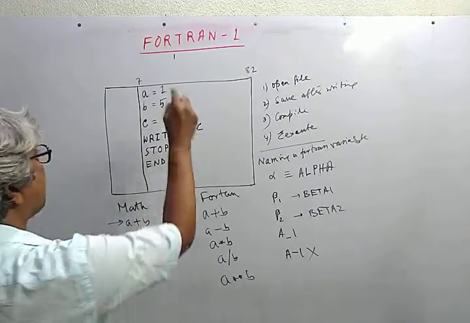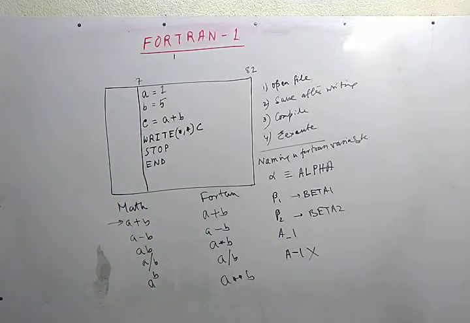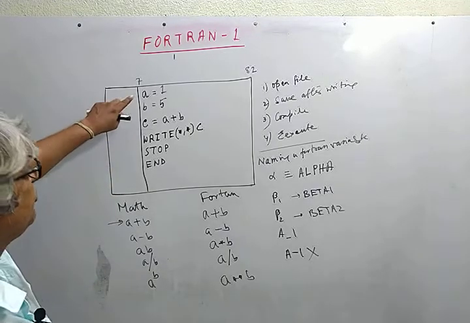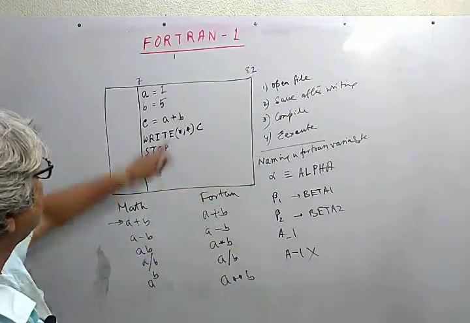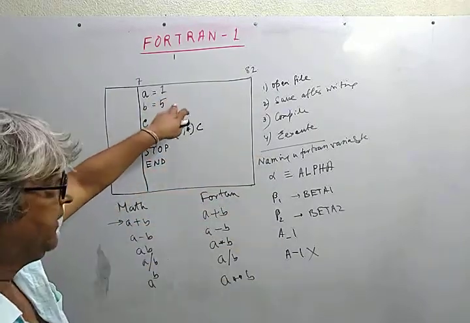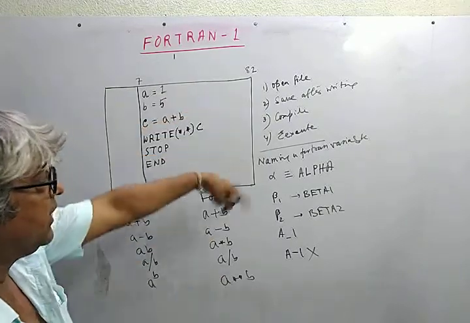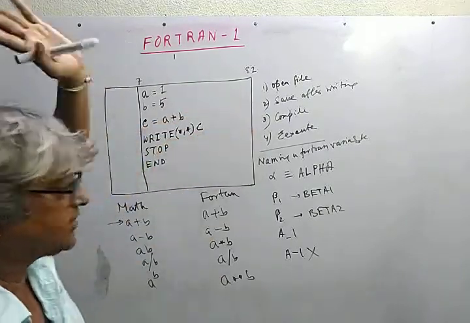Now come to this problem again. If one wants to write a Fortran program which will calculate the sum of 6 and 7, that is A is equal to 6 and B is equal to 7, then you need to open the file once again, change the value of A and B, save the file, compile the file again and then execute.